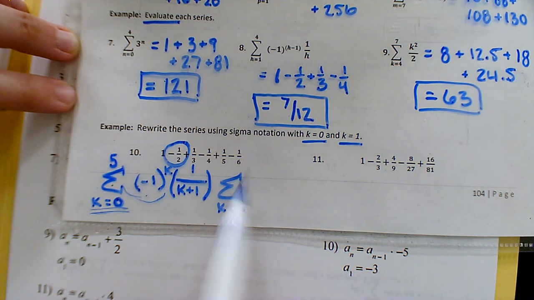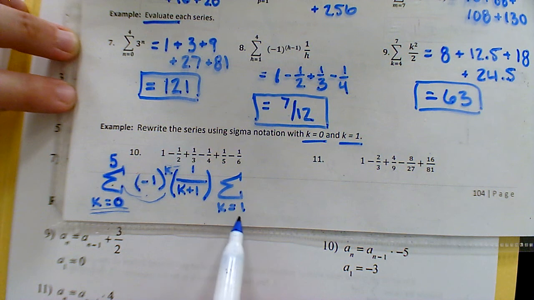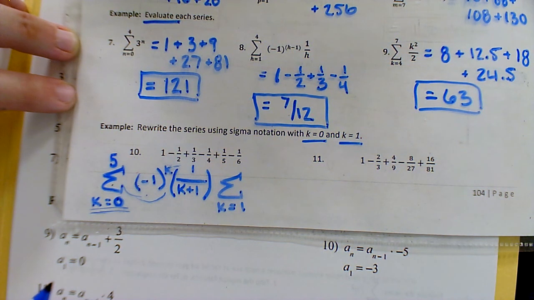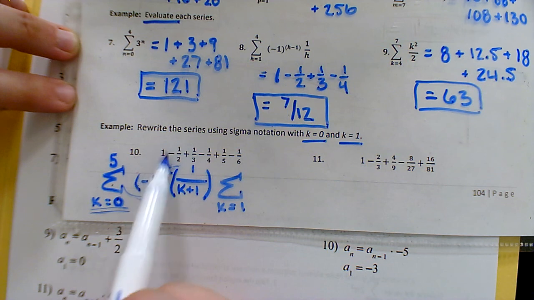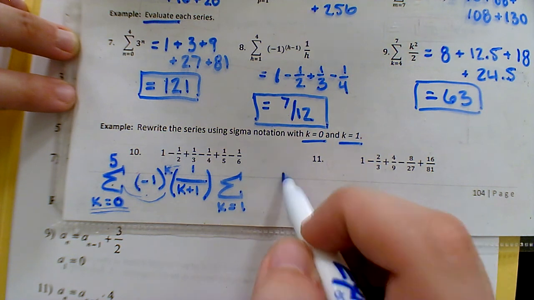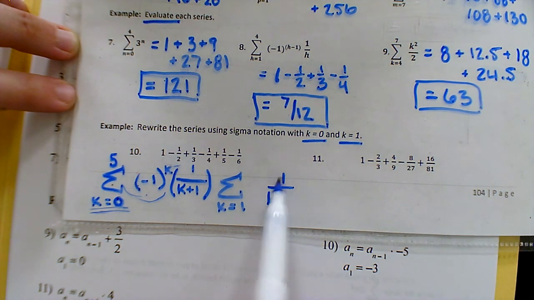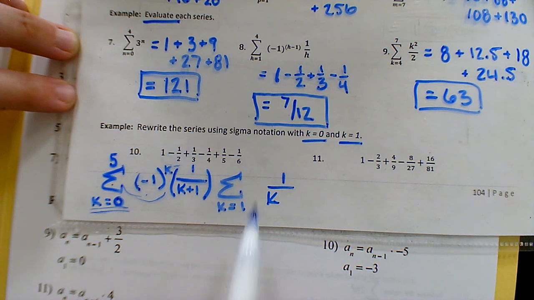How can we write a different summation for the same exact series, but this time starting at 1? If I plug in 1, that's now representing my first term, not if I plug in 0 to represent that first term. So 1/k, 1/1 would give me 1. If I plug in 2, 1/2, I need it to be negative though.